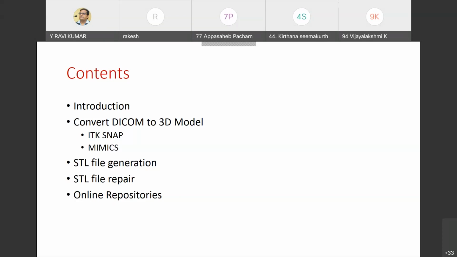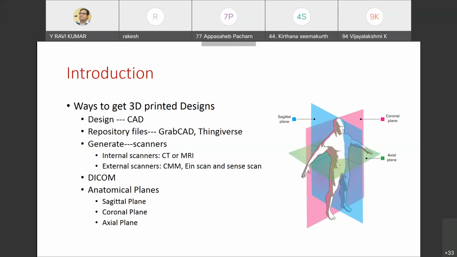So let's go to the introduction. From morning onwards, we have seen a few lectures by Ravi sir. Ravi sir taught you about reverse engineering tools, and there are different ways to get the STL file, like a CAD model. One is you can design it in SolidWorks or AutoCAD. Anyway, this medical model is definitely not possible with these conventional CAD packages.